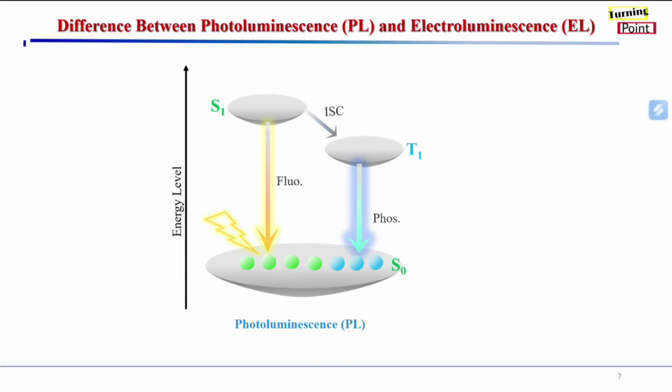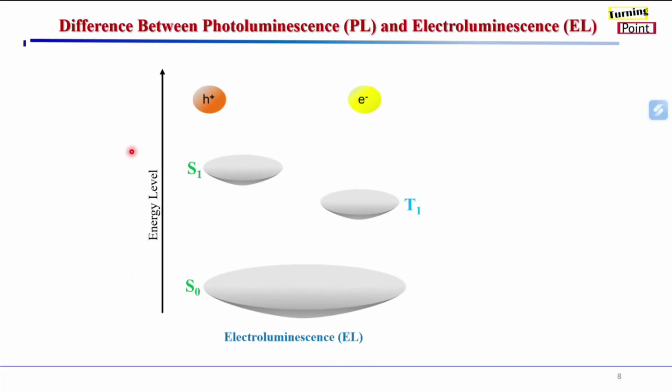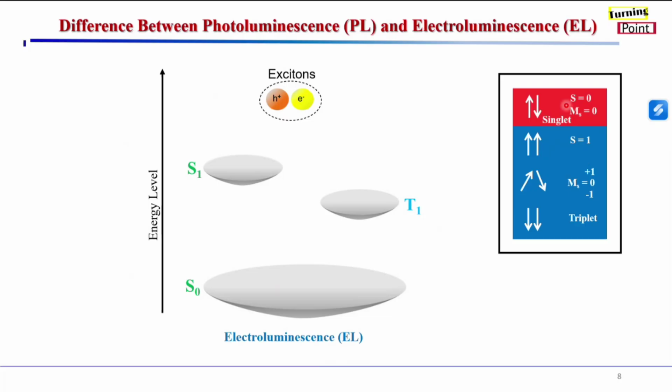phosphorescence. And in the case of electroluminescence, after applying voltage on a device, holes and electrons are generated and they recombine and form excitons. According to the spin statistics, 25% of excitons are converted into the singlet state and 75% of excitons are converted into the triplet state.